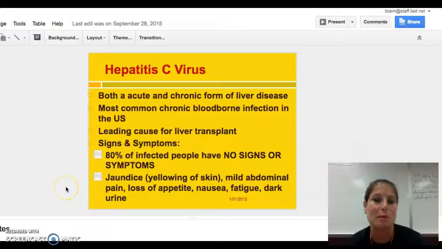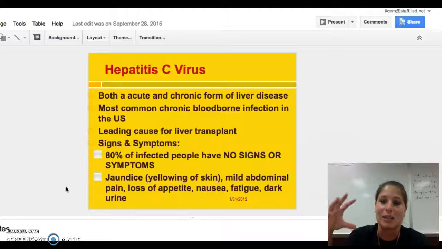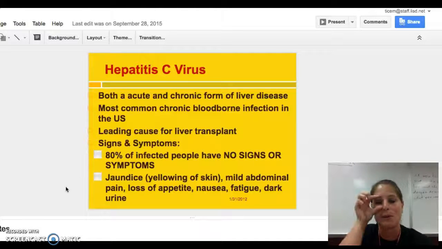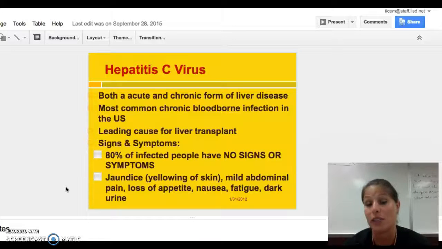Sometimes babies that are born premature are jaundiced, and they usually have to stay in the incubator underneath the lamp and maybe with their little sunshades on. What that's doing is allowing that liver a little bit longer to fully develop. So jaundice is a big sign that people have a liver condition. It might not necessarily be hepatitis C, but jaundice is associated with liver disease.